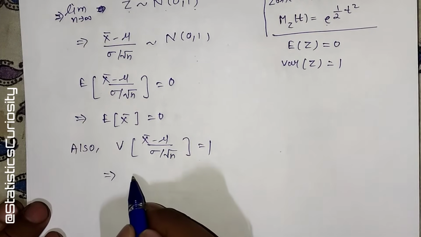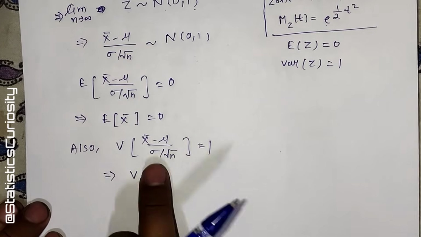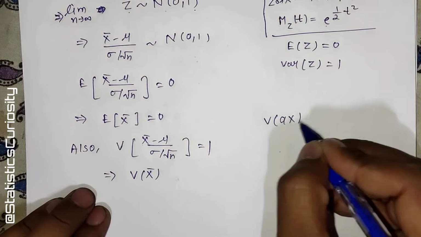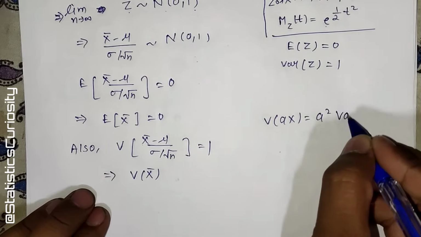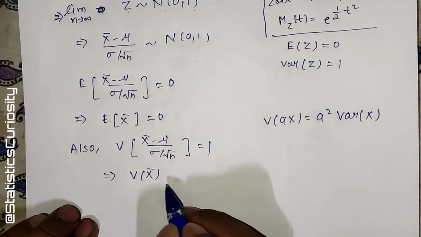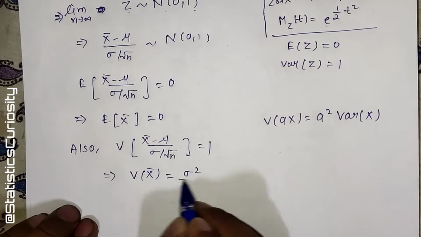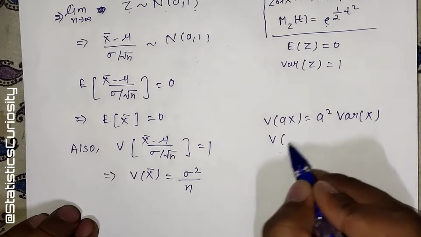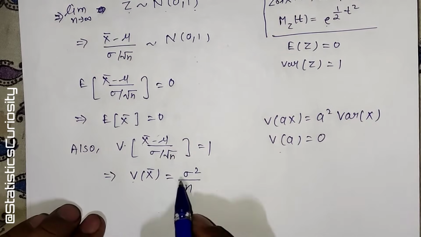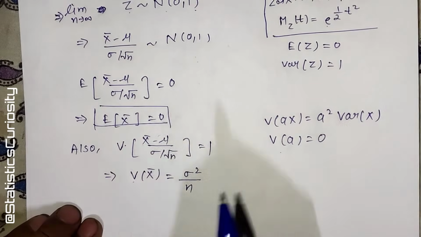So we can see the variance of x bar will be what? We all know the variance of any constant multiplied by x is the square of the constant times the variance of x. So this term will be sigma square divided by n, and we also know the variance of any constant is 0. So the variance of mu will be 0. So we have these two results.